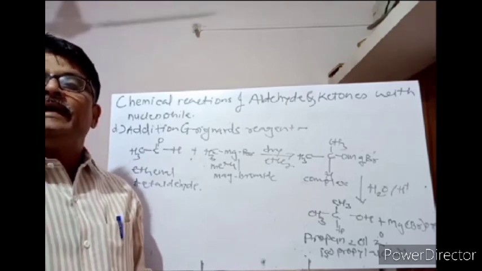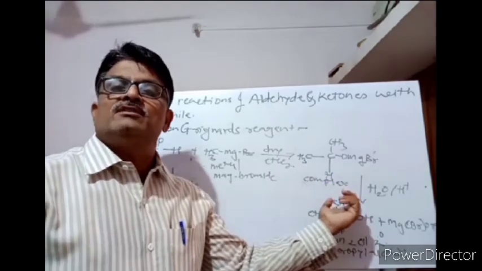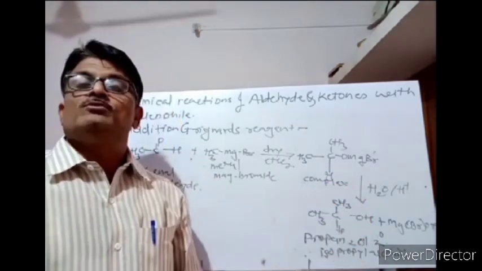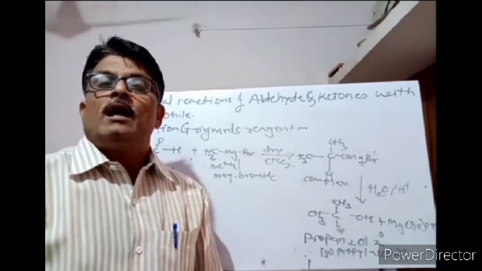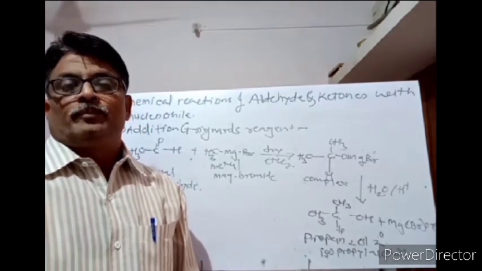That means a higher aldehyde with a Grignard reagent in the presence of dry ether forms an unstable complex which on hydrolysis gives isopropyl alcohol, or the secondary alcohol propan-2-ol.